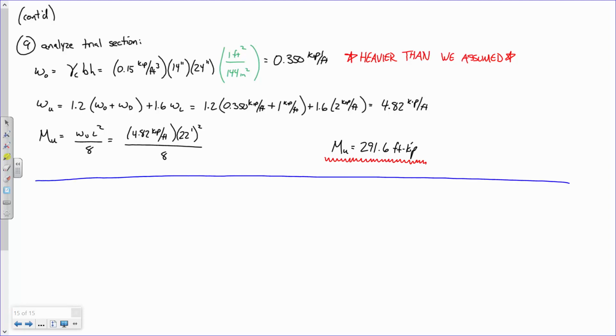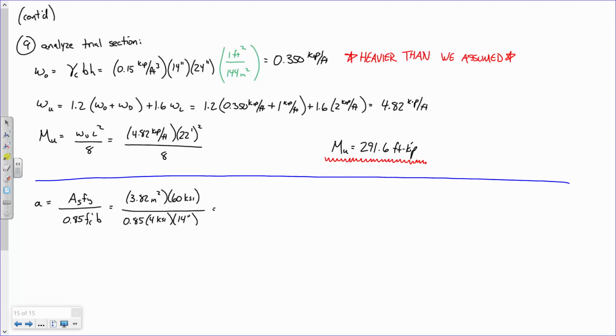So I'm going to walk you through the resistance. First thing, A equals AS FY over 0.85 FC prime B, right? So 3.82 square inches times 60 KSI. Am I going too fast, or is everybody with me on this? Times 14 inches. Again, use your real dimensions, not your assumed dimensions, is what I mean.